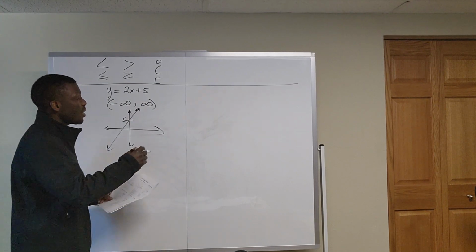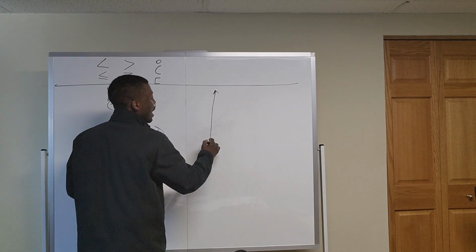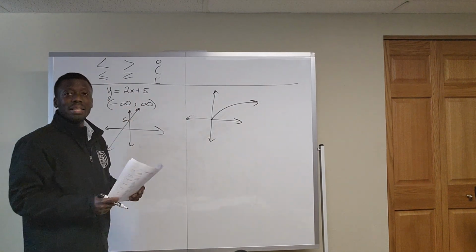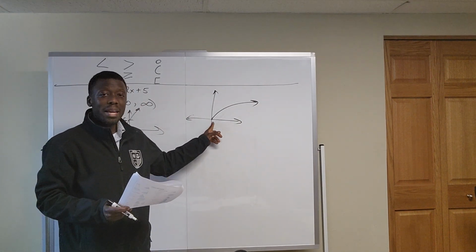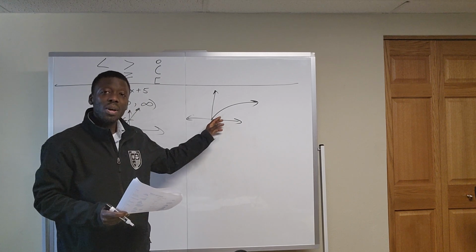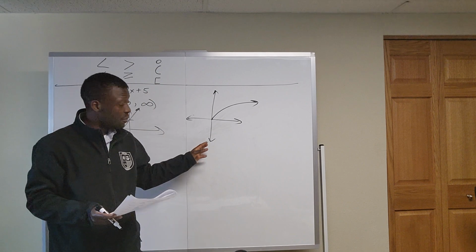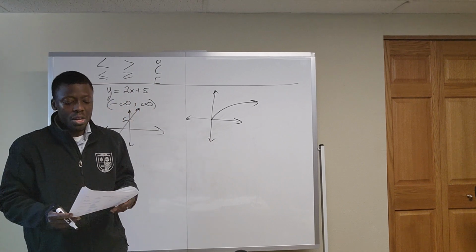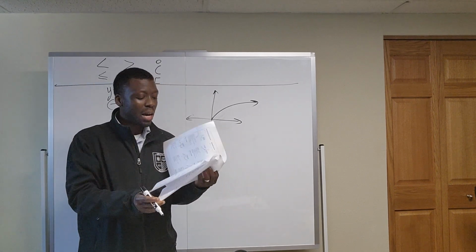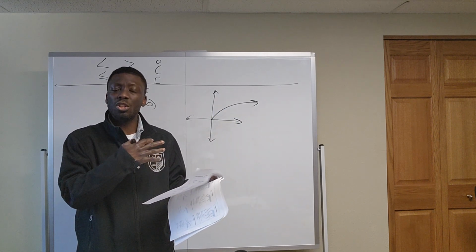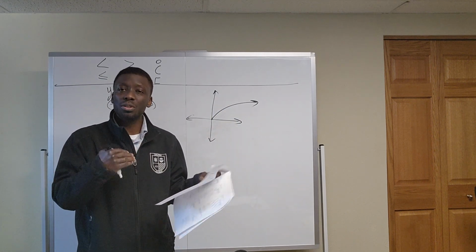If I drew another graph, and it goes like that, notice that the domain would have to start from 0 and then go to infinity. That's the nature of the domain of this particular function that I have on the right side of the board. So please keep this handout, right? You're going to have a document to go back to and review.